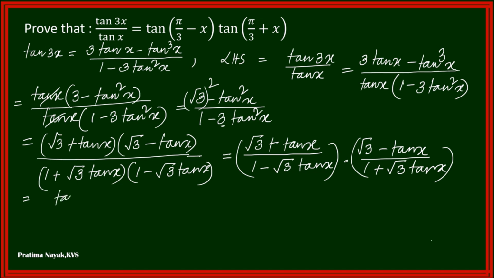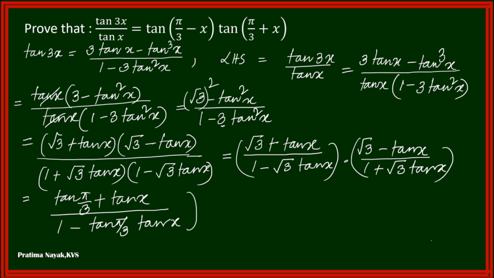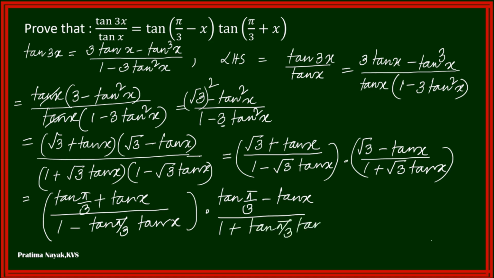So it can be written in this way, tan pi by 3. Or if you remember the formula directly, you can apply 1 minus tan pi by 3 multiplies tan x. Second one will be tan pi by 3 minus tan x and 1 plus tan pi by 3 multiplies tan x. So this is a familiar formula.